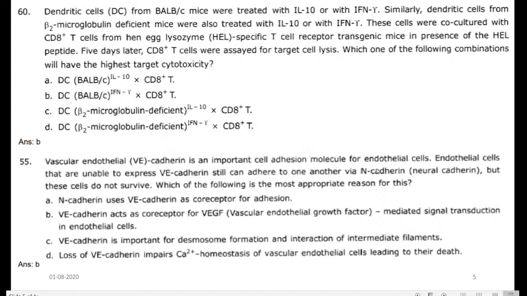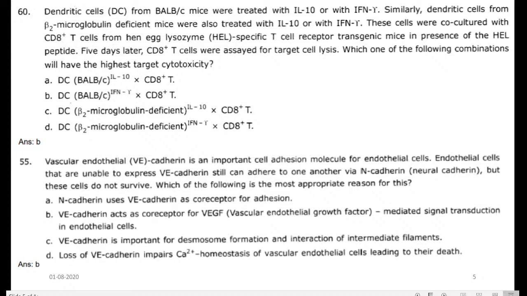Endothelial cells that are unable to express VE-cadherin, that is endothelial cadherin, can still adhere to one another via N-cadherin, that is neural cadherin, but these do not survive. Which of the following statements is the most appropriate reason for that?